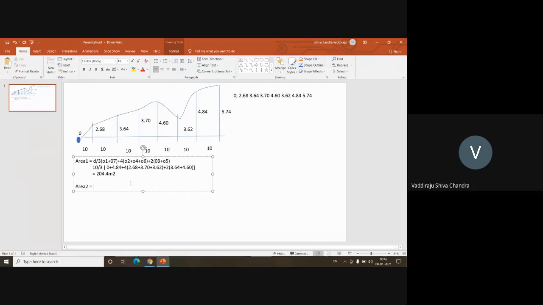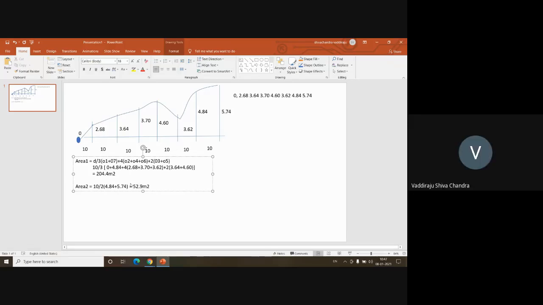So this is equal to 10 divided by 2 into 4.84 plus 5.74. I am taking the average ordinate. What is the answer? 52.9 meters square, sir.